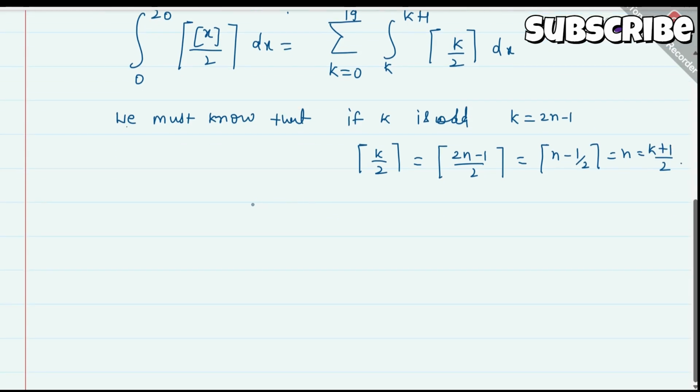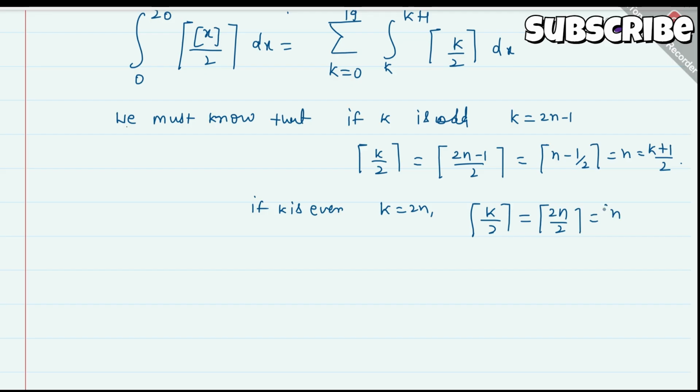And if k is even, that is k equals 2n, then the least integer function of k over 2 is 2n over 2, that is n, so this is k over 2.